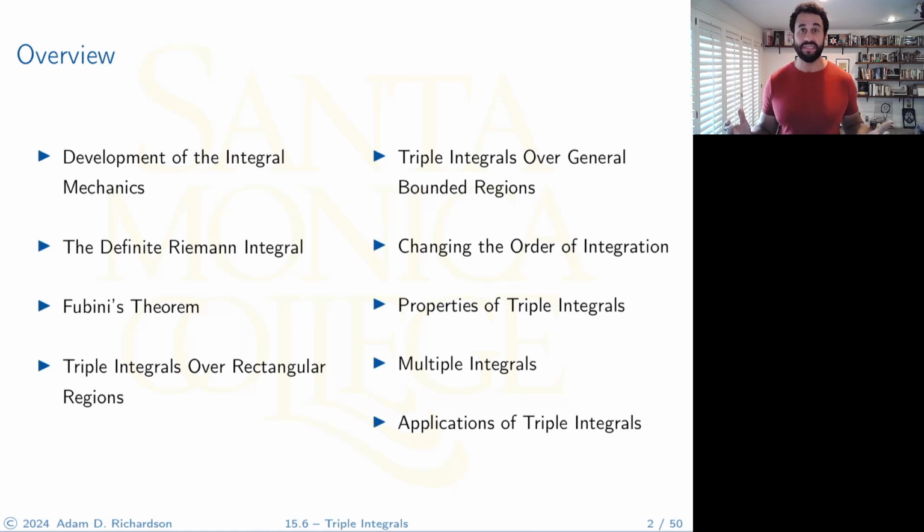Just frankly, the idea that you can take all of these techniques and constructions and just go wild with them higher dimensionally. And then we'll finish up just briefly talking about applications of triple integrals. This is really just an extension of what we learned in the previous section to triple integrals, so to regions in space instead of regions in the plane.